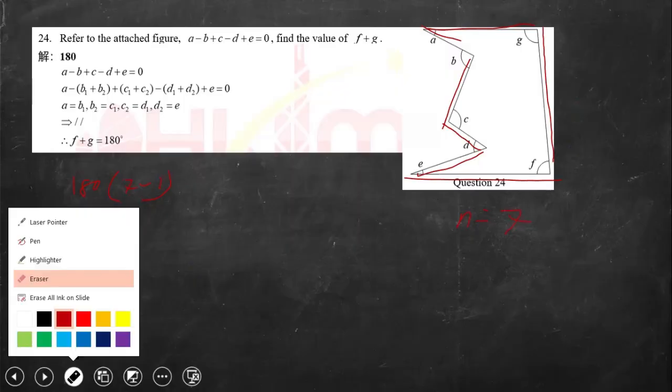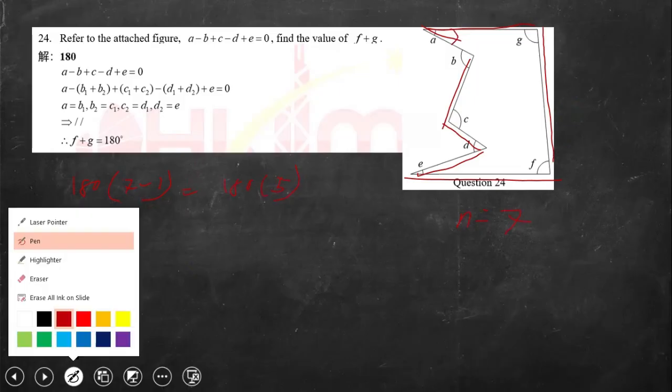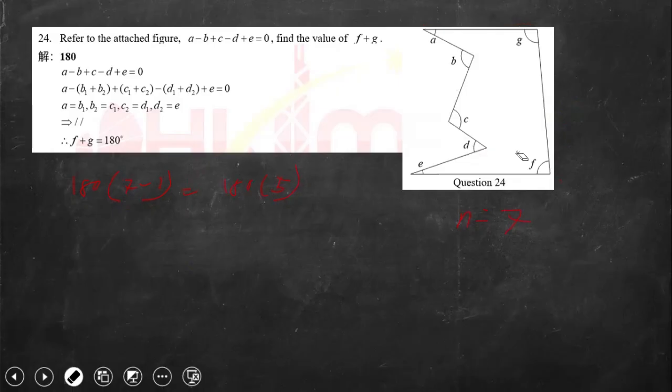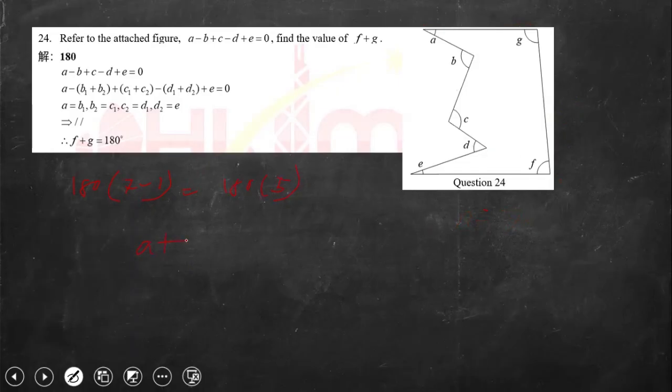Computing for the sum, it's gonna be this formula, and then it's gonna be 180 times 5. And that's gonna be equal to the sum of interior angles. So here, and what are the interior angles? We have A plus G plus F plus E plus this one, which is 360 minus D plus C plus 360 minus B. Okay, that's it.